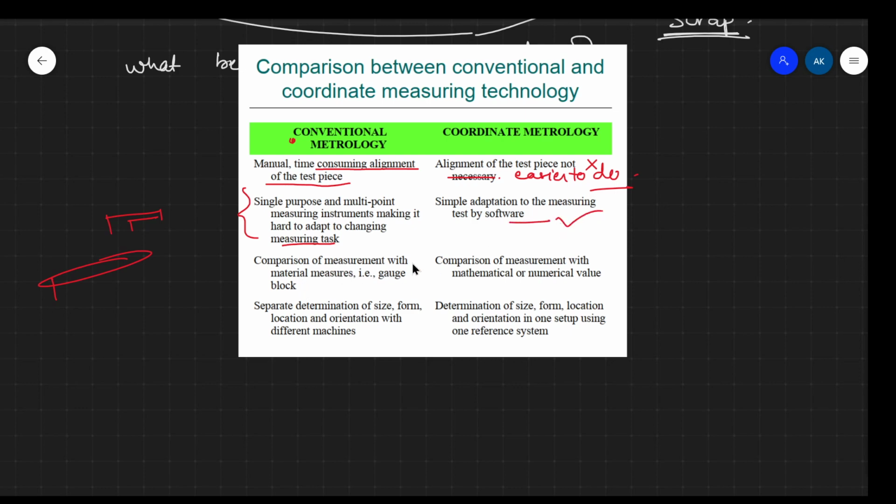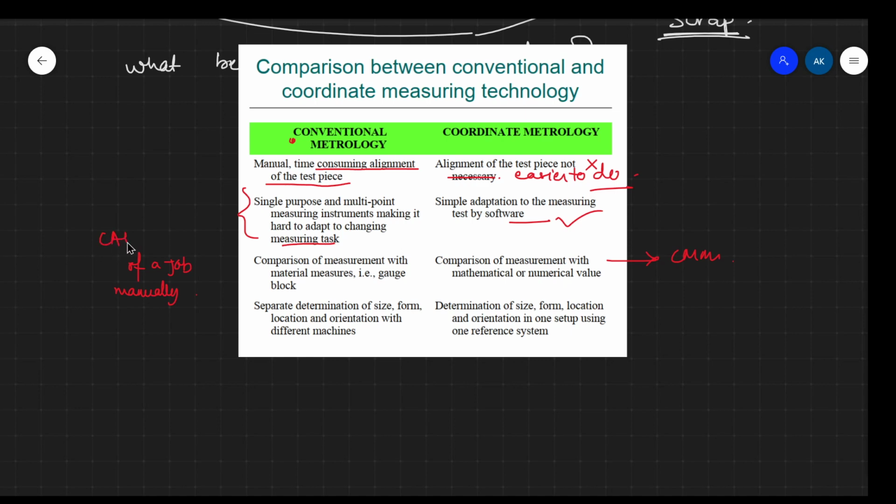Now comparison of measurement with material gauge blocks. Okay. Now this point is something you have to understand. Suppose you are measuring a few dimensions of a job manually, and here you are measuring something with CMM. With what will you compare? To understand the difference between the expected and what you have obtained, with what will you compare?